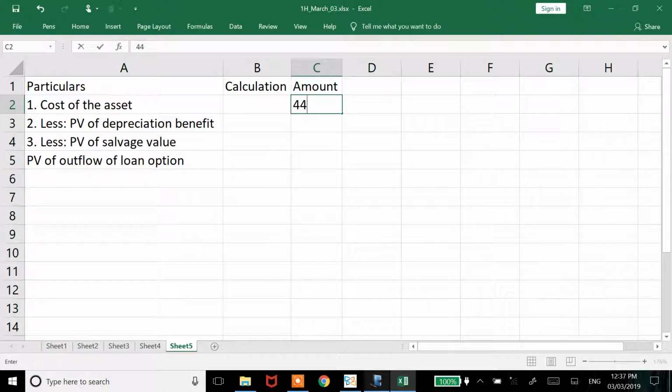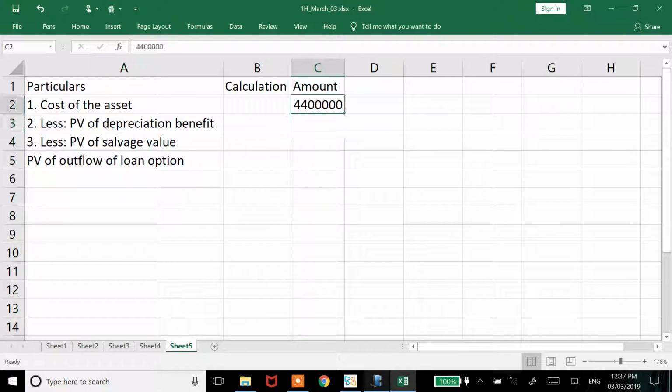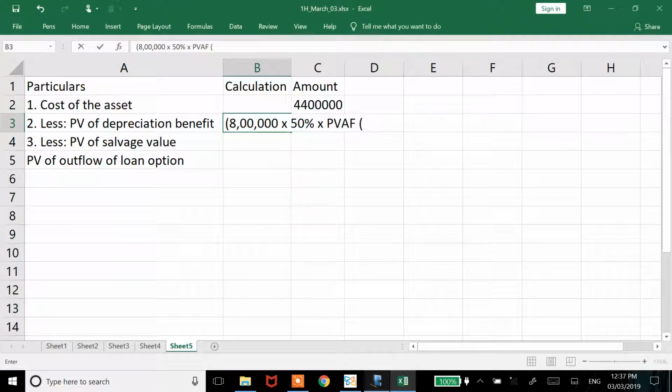44 lakhs. Can you tell me what will be the per annum depreciation? 44 lakhs minus salvage value of 20 lakhs, so 8 lakhs. Into what's the tax rate? 50%, into PVAF 8%, 3 years.